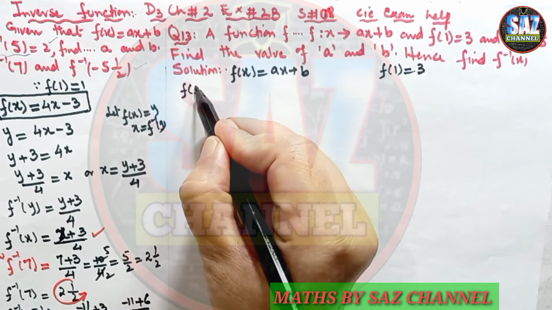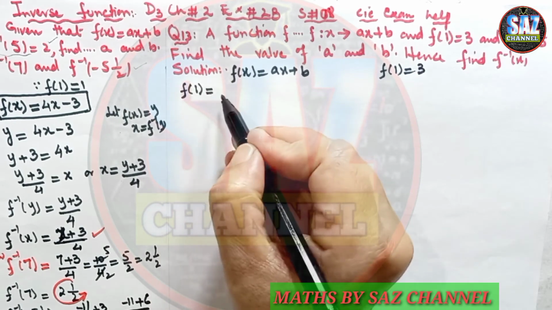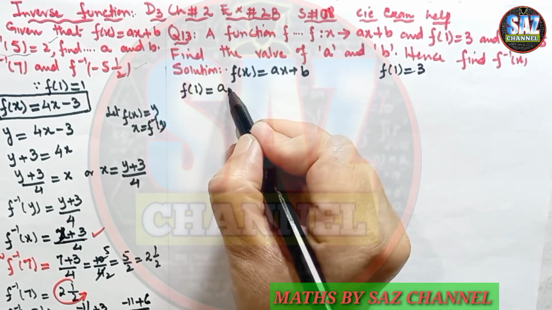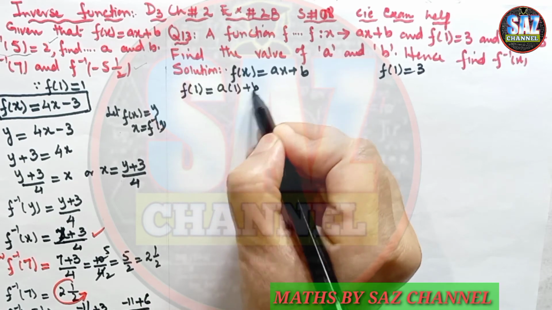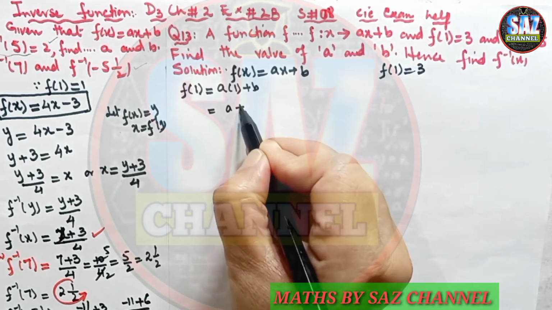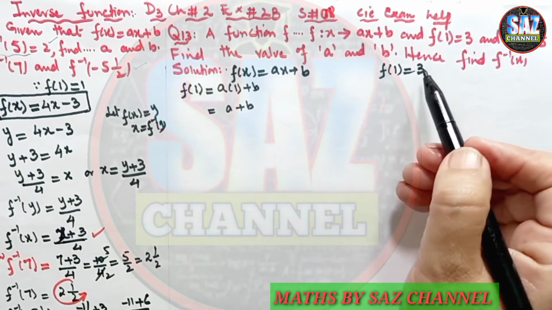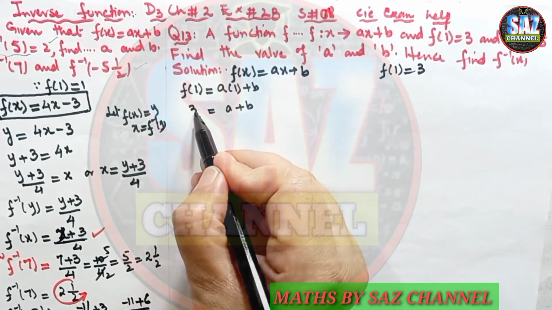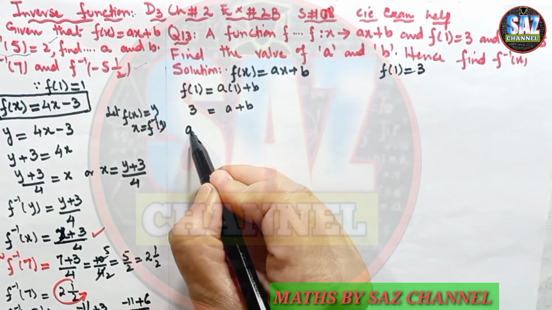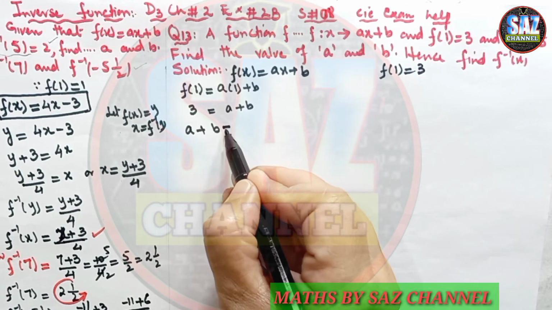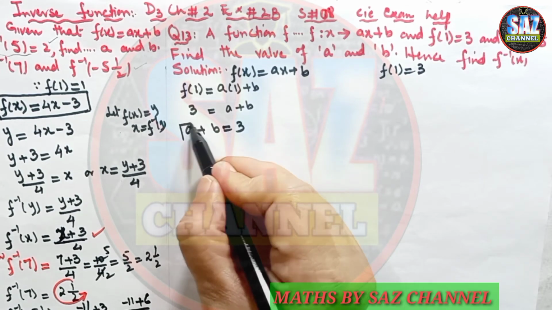So my function will take the form f of 1 equals a multiplied by 1 plus b, or a plus b, and f of 1 has the answer 3. So the first equation will be a plus b equals 3.